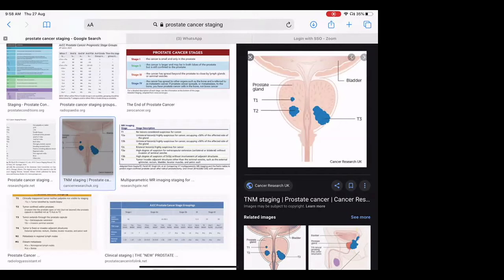There is an amazing big textbook, the AJCC guide. That's kind of like the Bible to all the various kinds of staging. You can imagine there's TNM staging. T stands for tumor, N stands for nodes, lymph nodes, and M stands for metastasis.